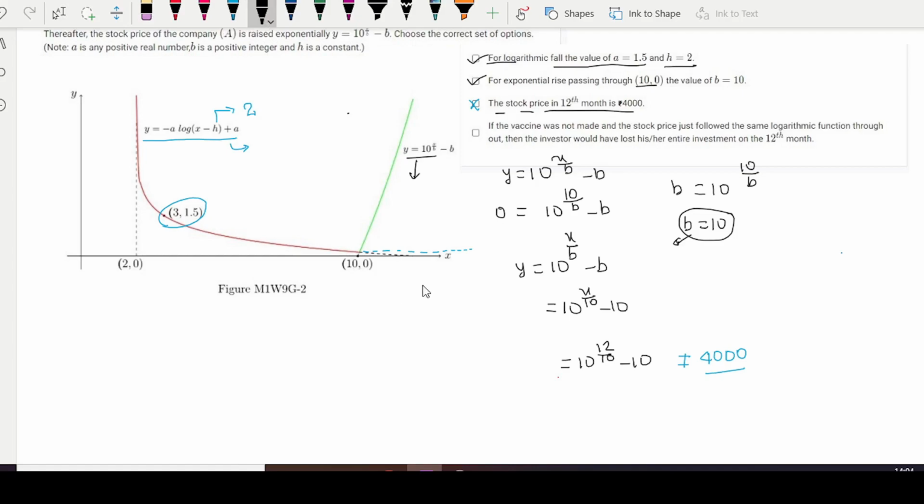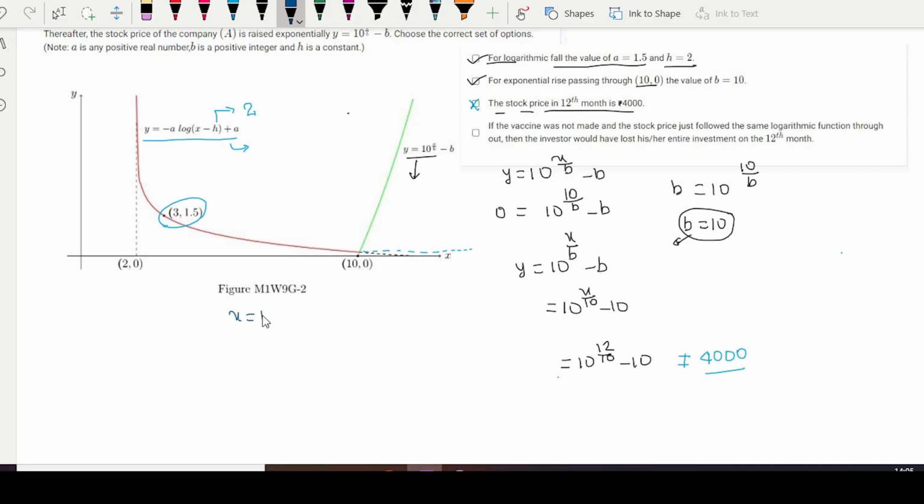Now moving to the fourth one. If the vaccine was not made and the stock prices just followed the same logarithmic function throughout, the investor would have lost his entire investment in the 12th month. We can find this by using this equation.